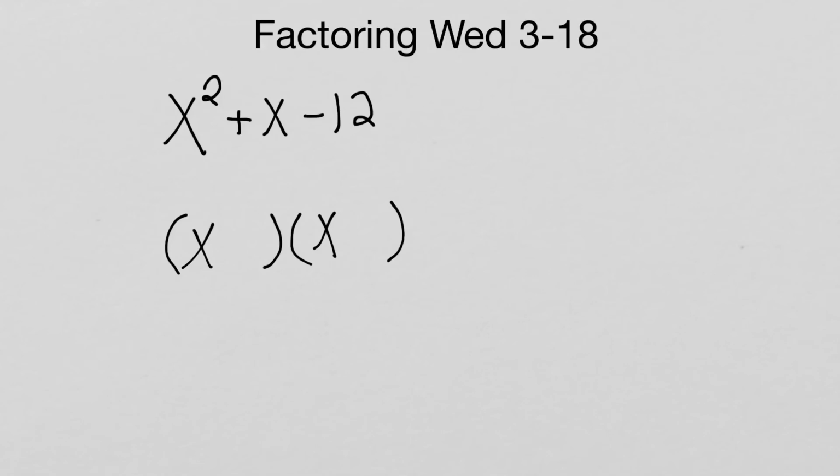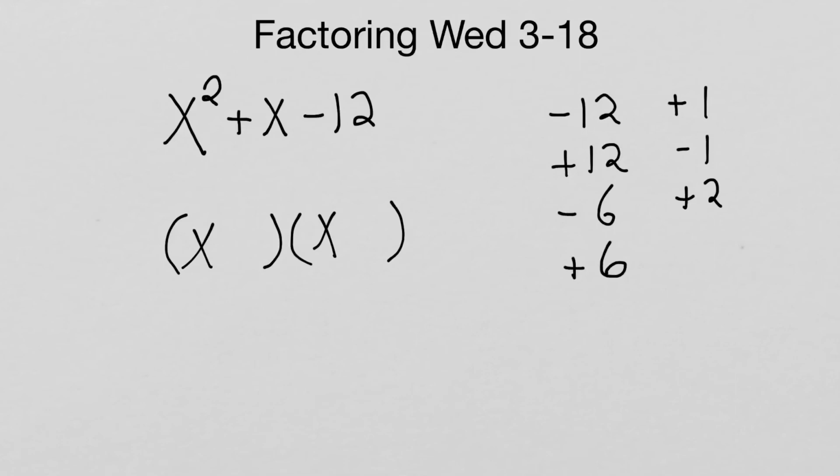It's going to be negative 12, positive 1, positive 12, minus 1, negative 1. Let's see, minus 6 plus 2, plus 6, minus 2, minus 4, plus 3, and finally plus 4, minus 3.